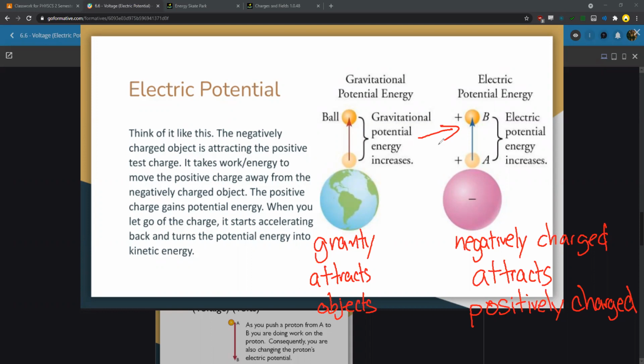If I'm going to drag a positive charge from point A to point B, I'm basically trying to force the positively charged object from its natural state. I'm trying to force it away from being attracted to the negative object. And so I need to exert work. I need to do work to drag this object away.